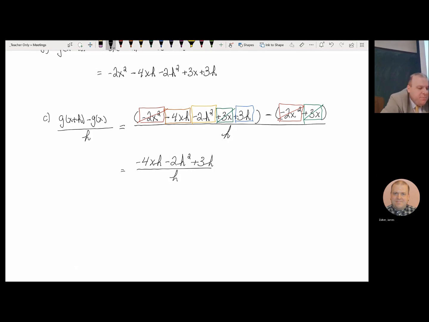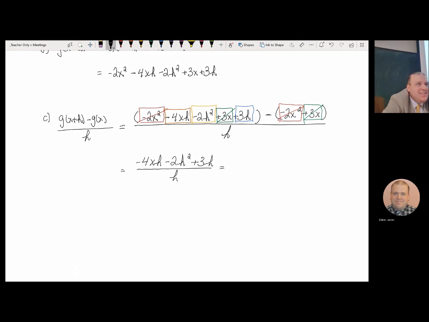But we're left with the numerator, negative 4xh minus 2h squared plus 3h. The order in which you write that doesn't matter. Well, numerator, don't we have a common term? What can we factor out? We can't factor out a 3.